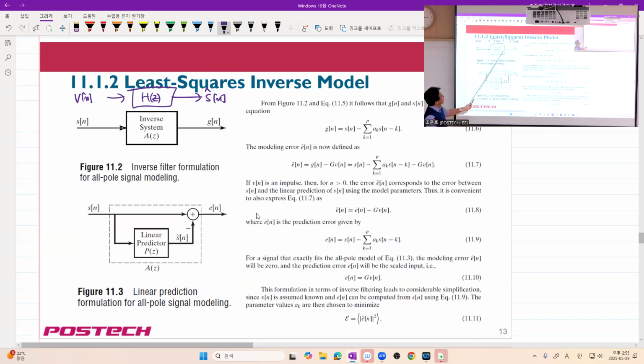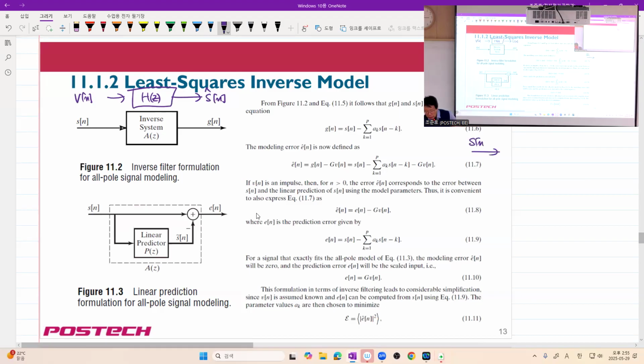Now suppose we find the inverse function of this one, assuming the inverse exists. And one good thing for an all-pole system is that if we take the reciprocal of the system function, we have the system function of the inverse system. So the idea is like this.